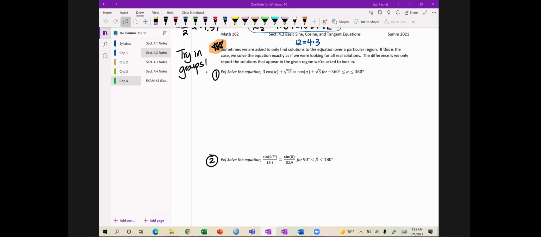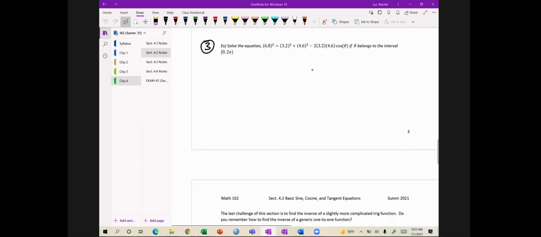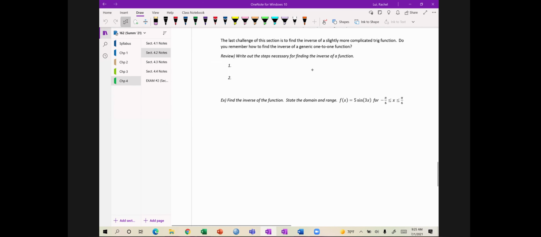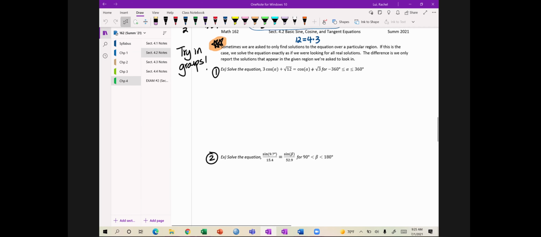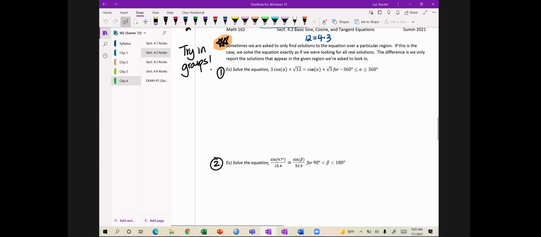So we are going to go through the full solutions for these 3 problems and finish up 4.2 after the break. However, before we go to break, I want to remind us that our exam 2 coming up next Thursday covers 2.3, 2.4, all of chapter 3, and then 4.1, 4.2.